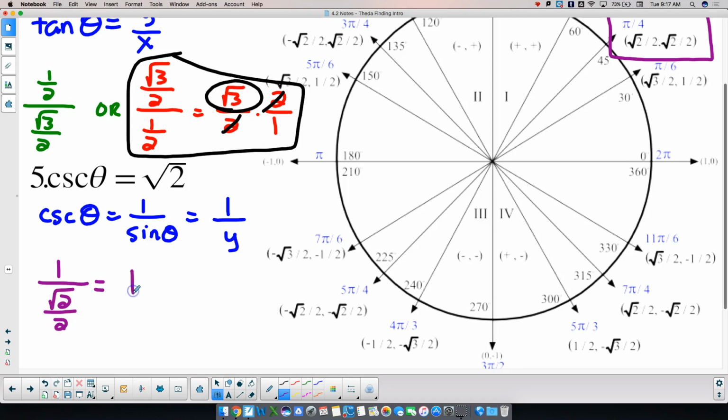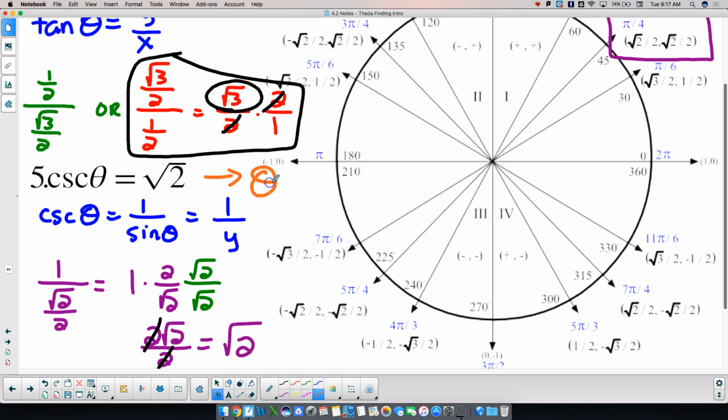Well, if I go 1 times 2 over the square root of 2, that's going to be 2 over the square root of 2, and I can rationalize that denominator by multiplying it by the square root of 2 over 2. That would give me 2 square roots of 2 over the square root of 4, which is 2, and then those two cancel out, so that just leaves me with the square root of 2, which works out. So here theta is equal to pi over 4.